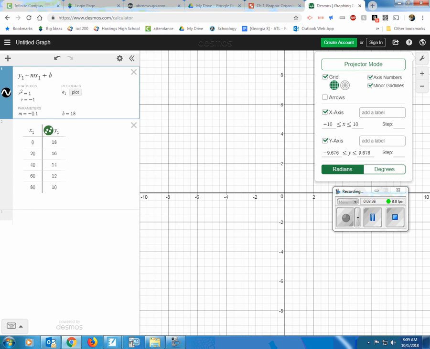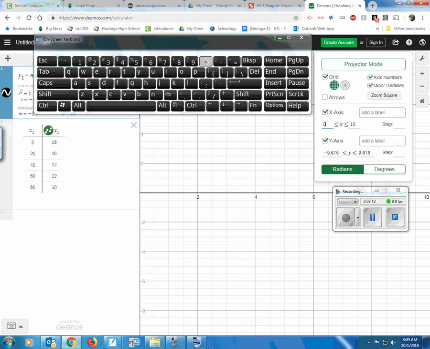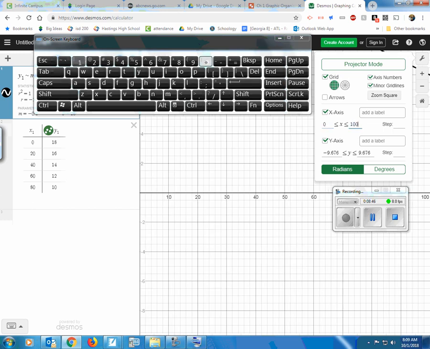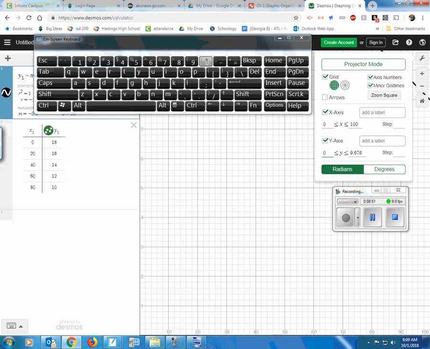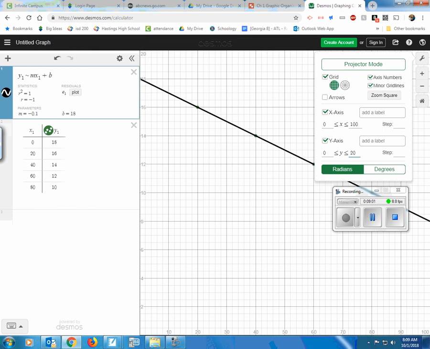So my x's go from 0 to, let's just say 100 for my x's. And my y's, let's do 0 to, I like it to go past it, so I'm going to go to 20. And there we can see our line.